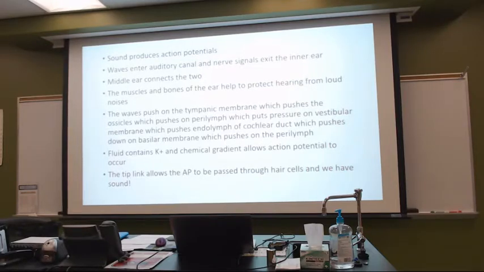We start with the tympanic membrane, which goes to the bones, the ossicles, which push on the perilymph, which puts the pressure on the vestibular membrane, which pushes the endolymph, which pushes down on the perilymph, and all that sort of stuff.